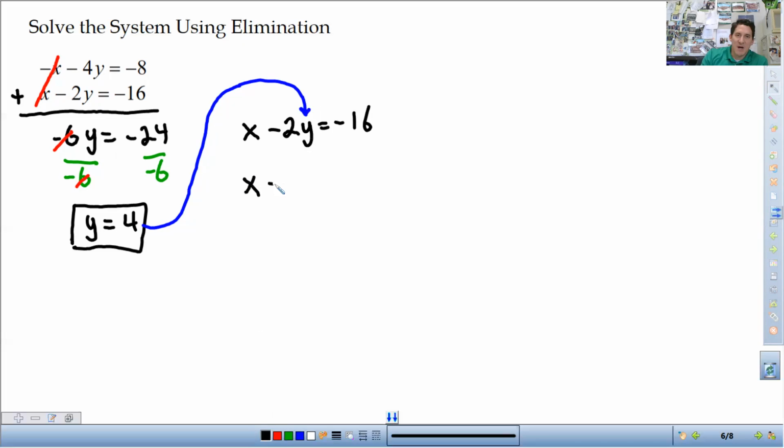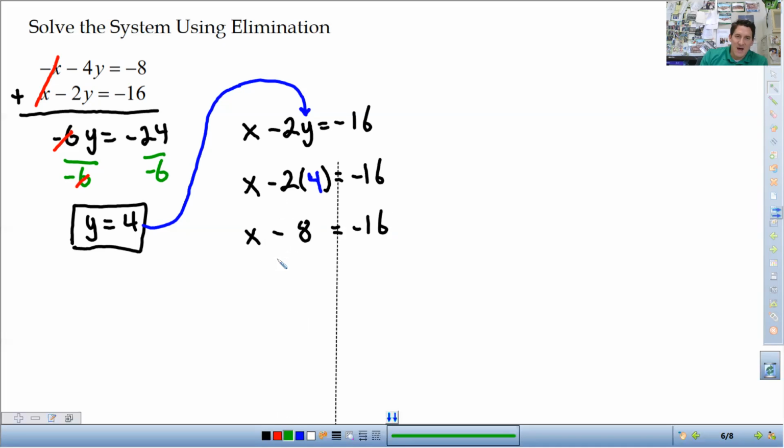So it's x minus 2. I'm going to change the y to parentheses. Put in the 4 in the parentheses. Now I need to solve. So 2 times 4 is 8. So you're going to have x minus 8 is equal to negative 16.